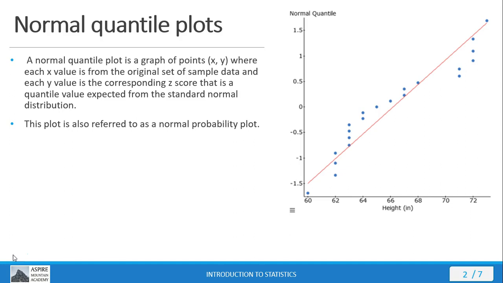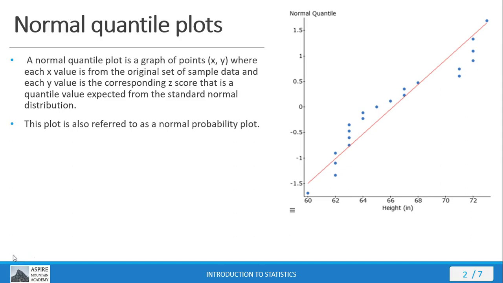Essentially, we're plotting a graph of points where the x values are from the original data, but the y values for our data points are the corresponding z-score for that individual data point. So the x value feeds into the z-score equation to make a z-score, and we can plot these points out.